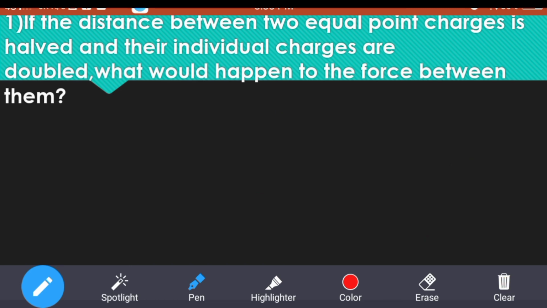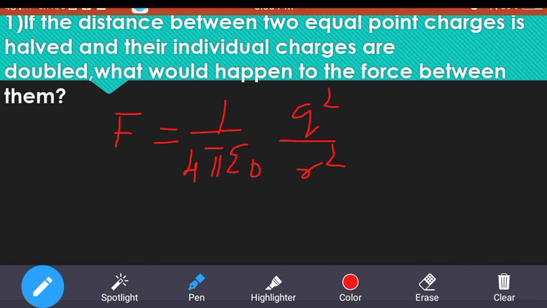We can see that the first force is 1 by 4 pi epsilon naught q square upon r square. Comparing with the first force, the new force we have obtained is 16 times that amount.